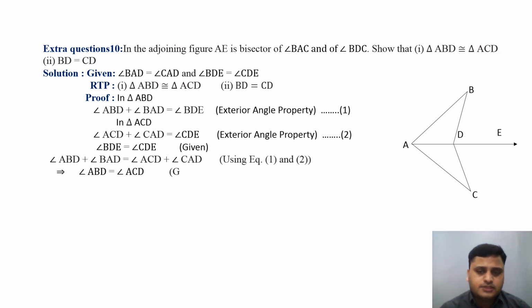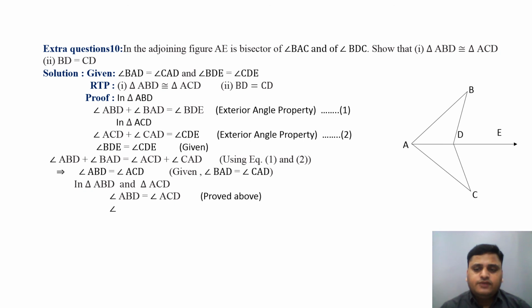Now coming to the next step, now come to the triangles. In triangle ABD and triangle ACD, we need to prove these two triangles congruent. So angle ABD is equal to angle ACD, which we will write as proved above. And after that angle BAD is equal to angle CAD, which is also given in the question.